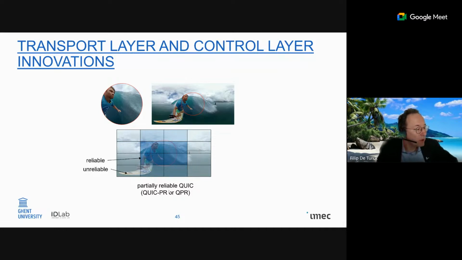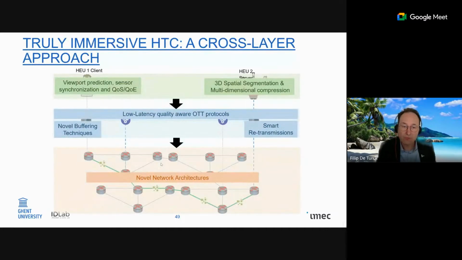Here we make use of partially reliable QUIC, where some of the tiles we can make reliable, because here most likely the user will watch. This is a person on a surfboard, so most likely you will watch the person and the surfboard, and not so much the environment. So we can give these a higher quality, make them reliable in the delivery, and the others can be unreliable, so they can be displayed in a lower quality.